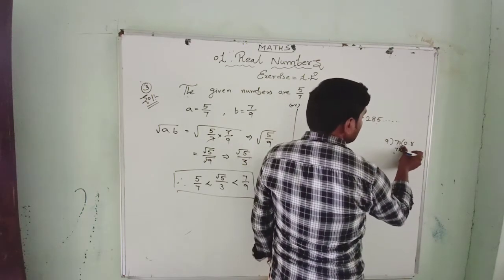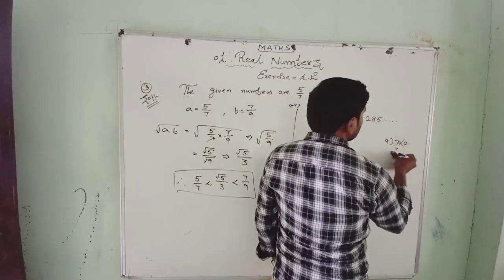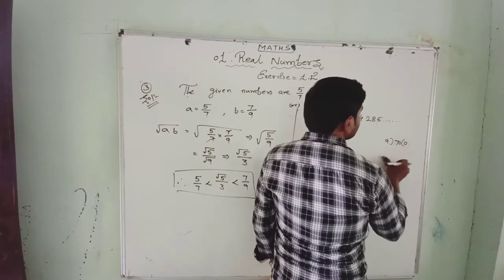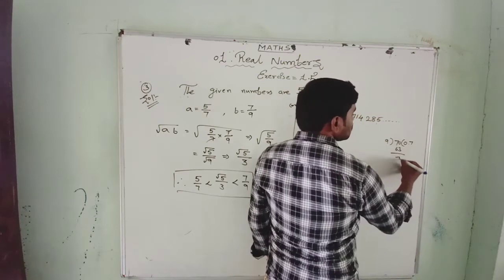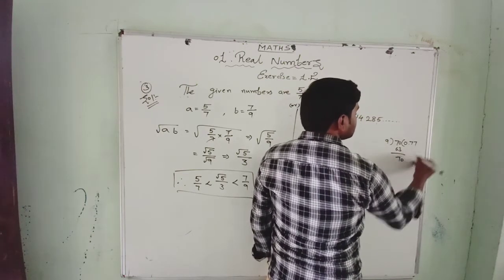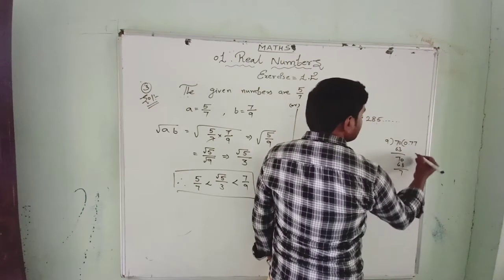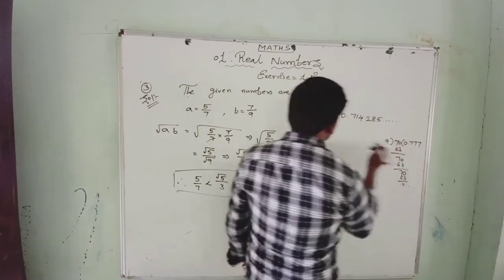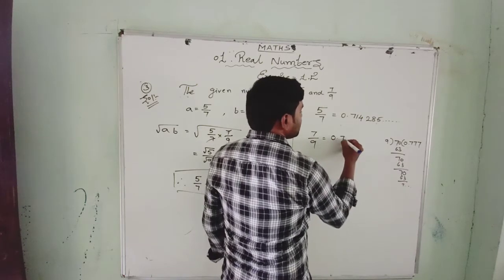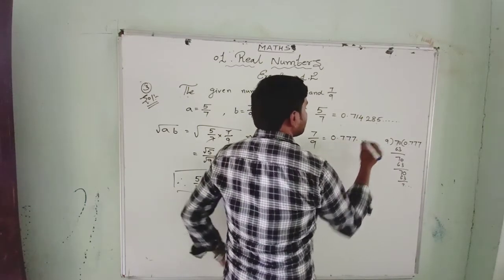Then 72 is not possible, no. 9 7s it is possible. So 9 7s are 63. 7 left, nothing but 70 again. 9 7s are 63. Again 7 left. It will continue the same, no. So we write 7 by 9 is nothing but 0.777 and so on.